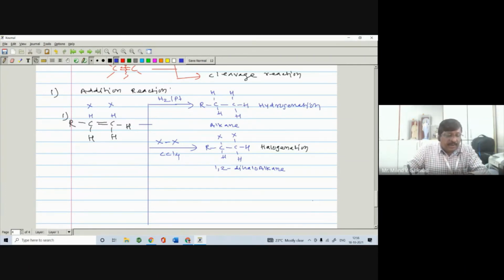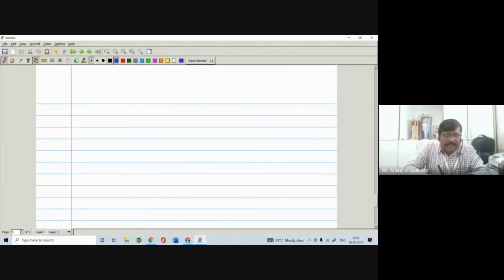If you see the mechanism of this reaction, here R, CH double bond CH2, it reacts with halogen X2. The reaction takes place in the presence of CCl4.